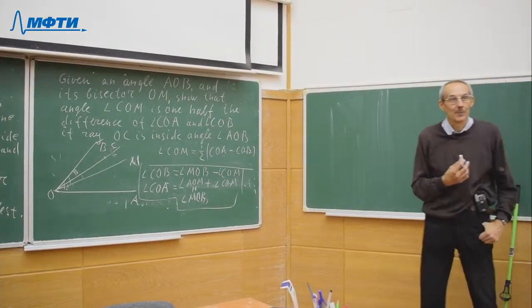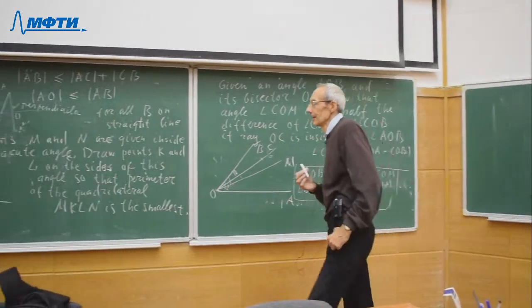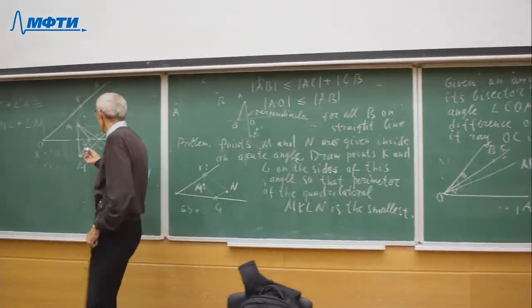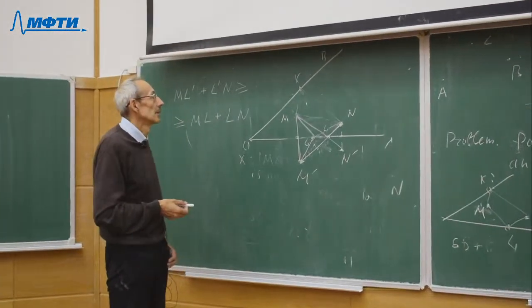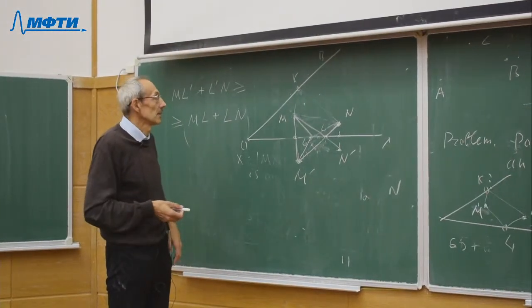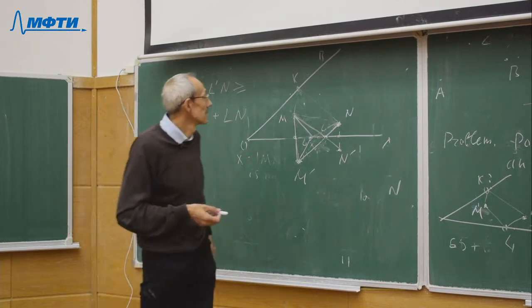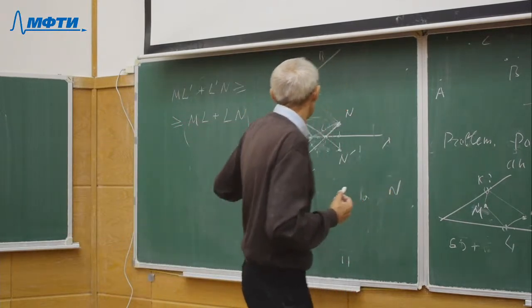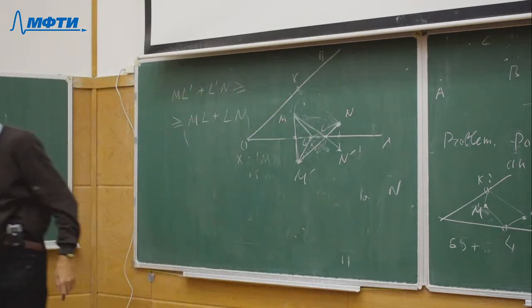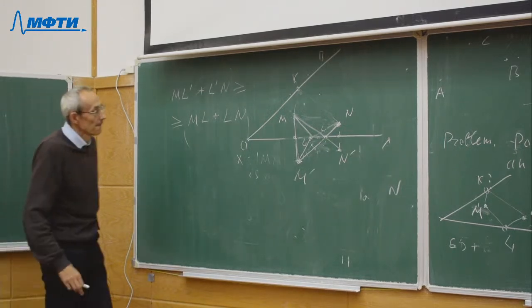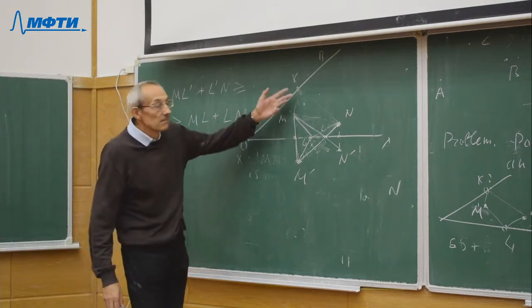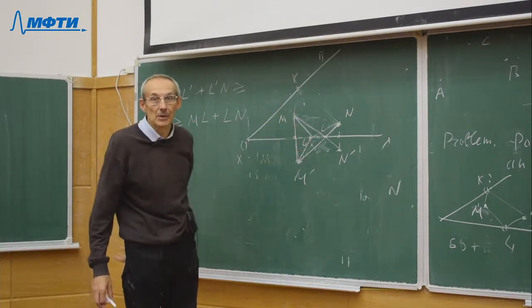The second step. We found the position for L, and we can also find the position for the other point K. Where is this position? Let's repeat this reasoning.